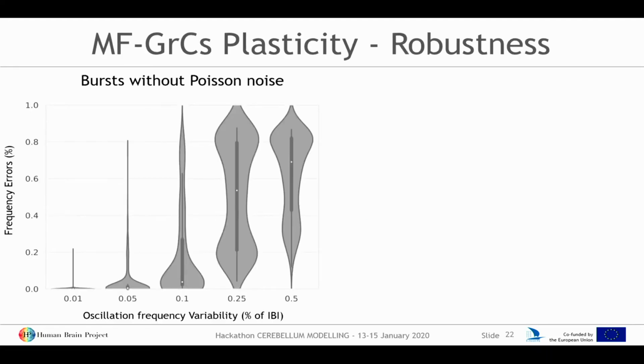And then we tested the robustness, so we added a variability of the interburst interval, so a variability in the frequency, and with, let's say, a variability of 5% or 10%, we still obtain reliable frequencies. Of course, with 25 or 50% of variability, the error increases a lot.